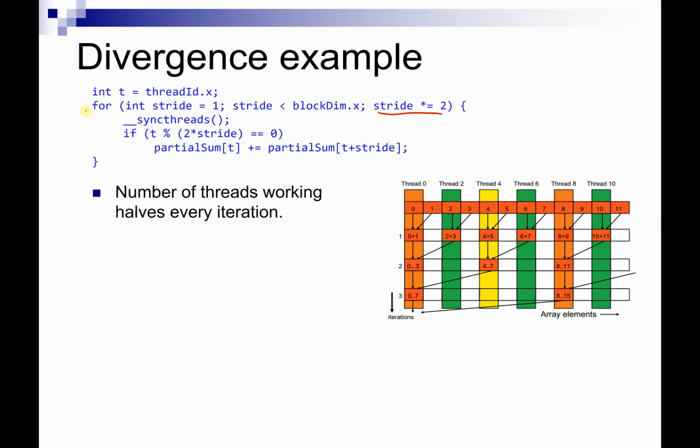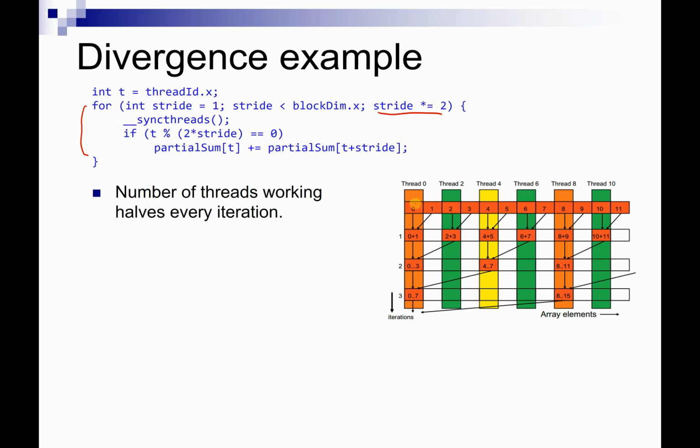We run a for loop for basically log n rounds, where in each iteration the stride doubles. In each round, we take the threads such that the thread ID modulo 2 times the stride is 0.